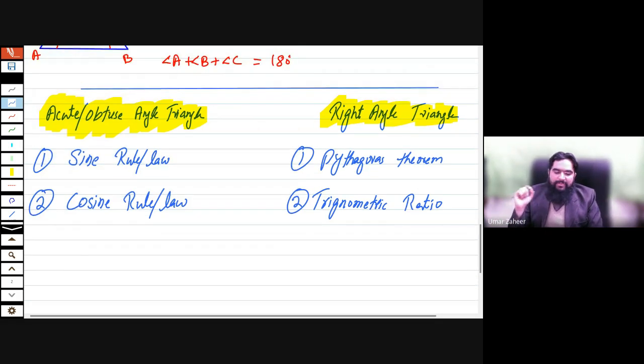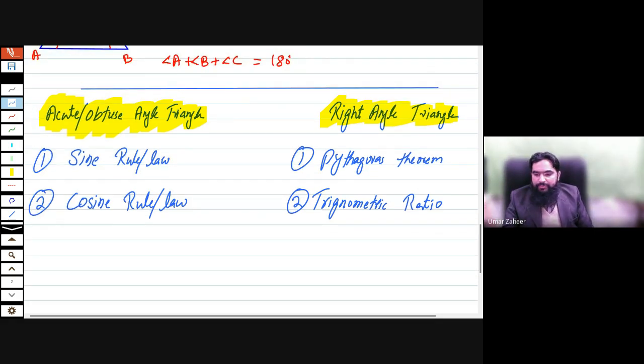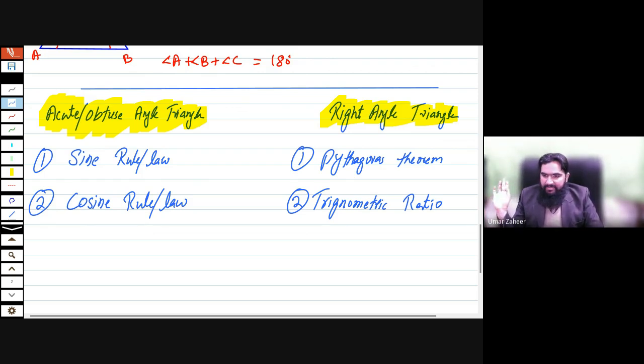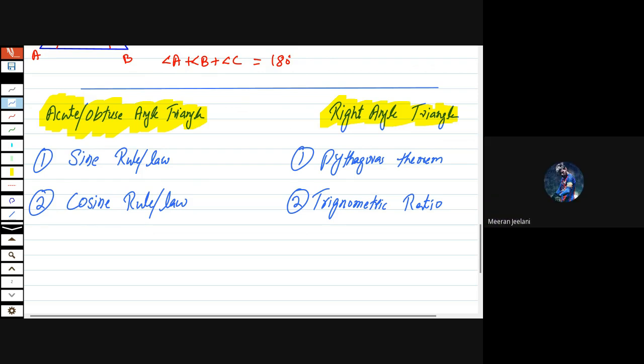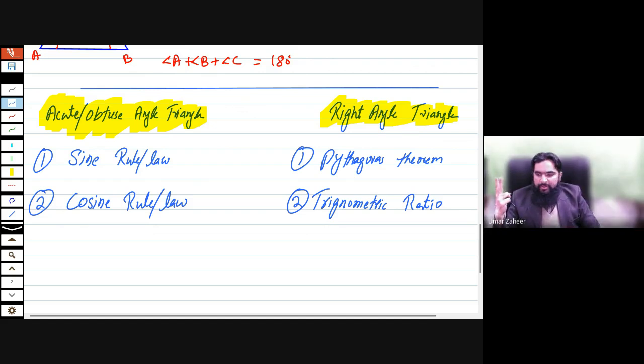It is a very common mistake: the examiner gives you a right angle triangle, and students try to apply the sine rule there. The sine rule is not applicable for a right angle triangle. It is used for acute and obtuse angle triangles only. Is it clear? Yes, sir. So we have two rules for acute and obtuse angle triangles, and two for the right angle triangle.